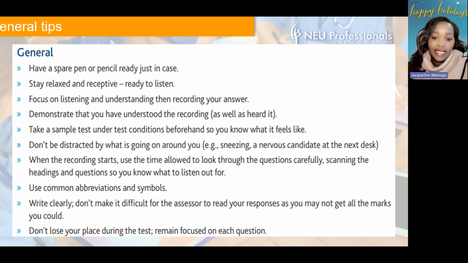Then write clearly. Don't make it difficult for the assessor to read your responses, as you may not get all the marks you could. That is especially true for Part A. Can you imagine failing because of your handwriting? That would be absolutely tragic, if you knew the answer and got it wrong because the assessor could not read what you wrote.